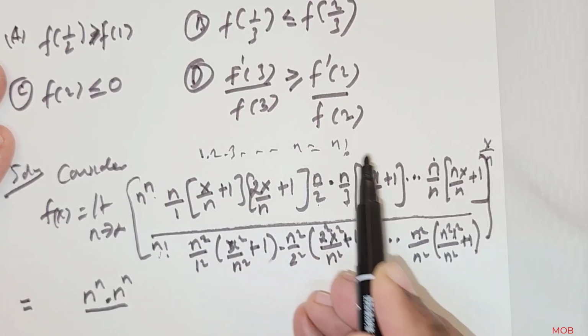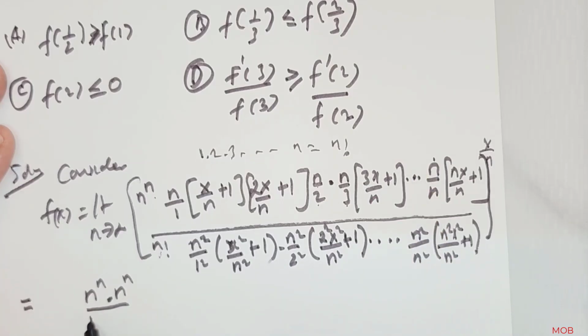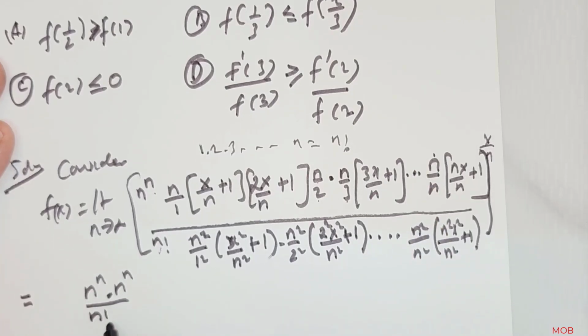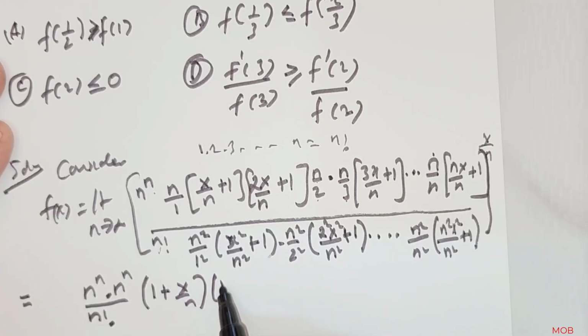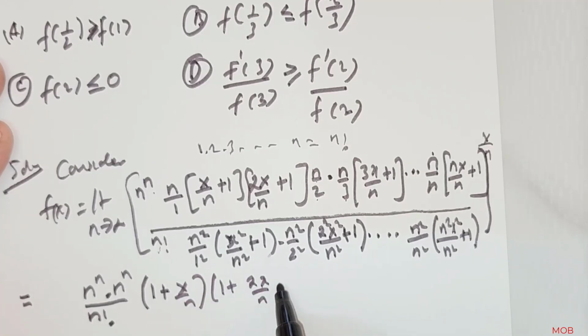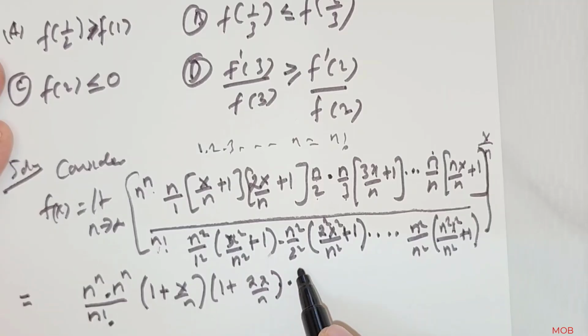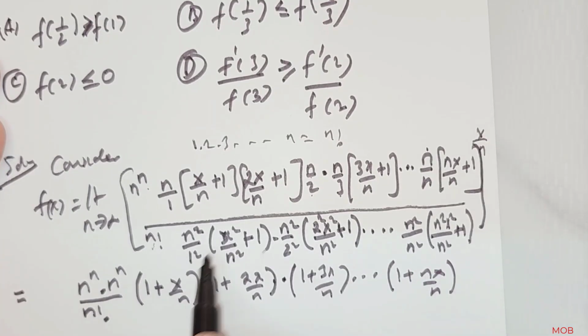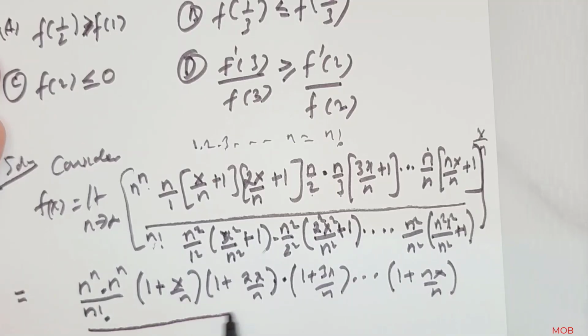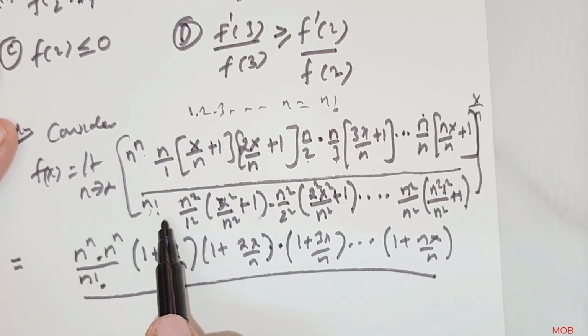What is this? This is nothing but n factorial. So place that n factorial there, and this is multiplied with (1 + x/n), times (1 + 2x/n), times (1 + 3x/n), and so on, all the way to (1 + nx/n). So this is for the numerator.